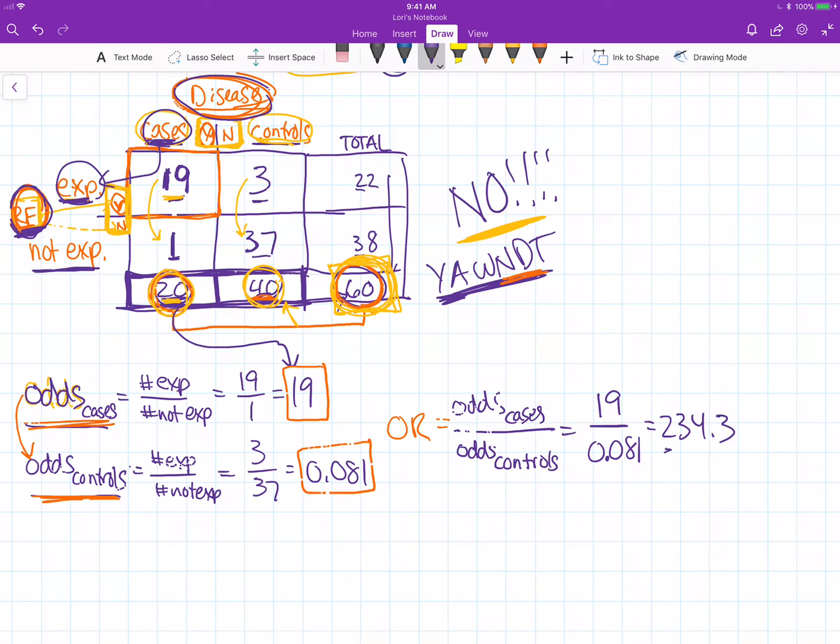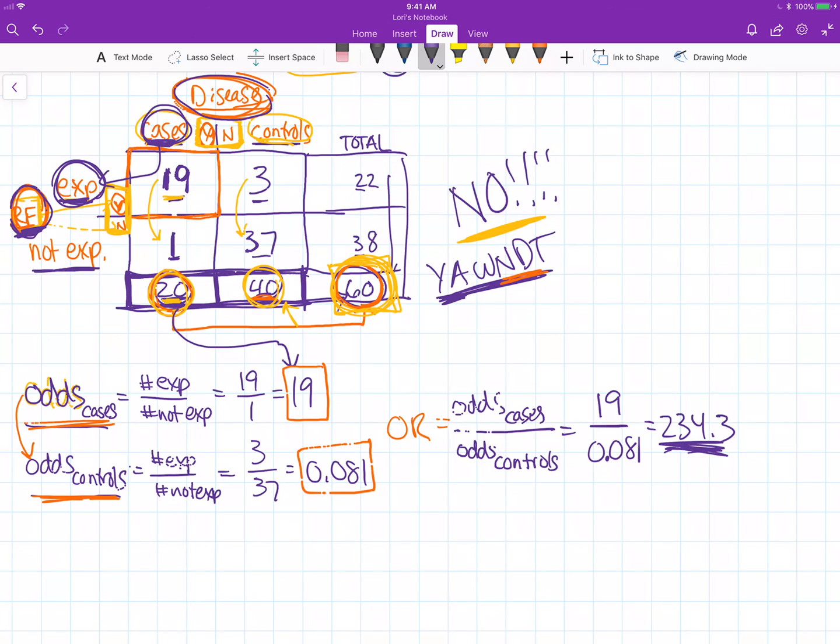And this number out here, with practice, you will realize that that is a very large number. And the answer to that question is, yeah, it seems pretty likely that there's some relationship there between the exposure to that particular thing and then later on developing that disease.